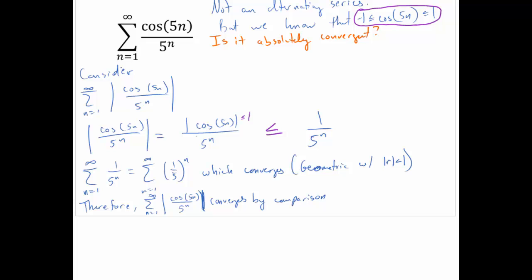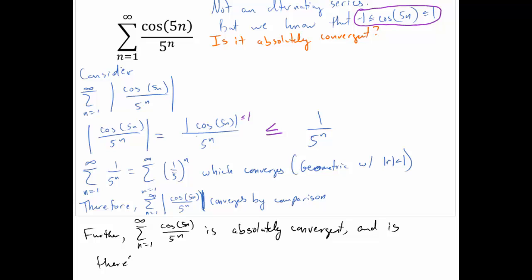Further, sigma n equals 1 to infinity of cosine of 5n over 5 to the n is absolutely convergent and is therefore convergent.